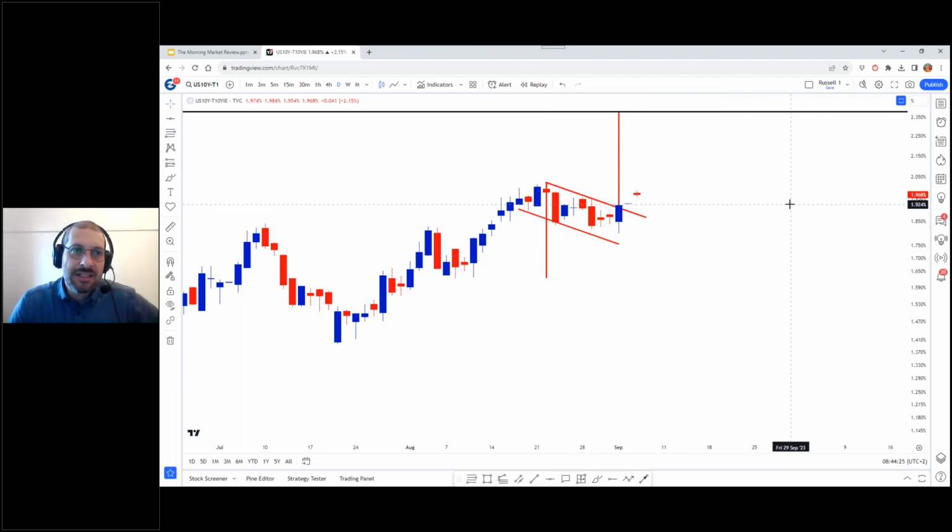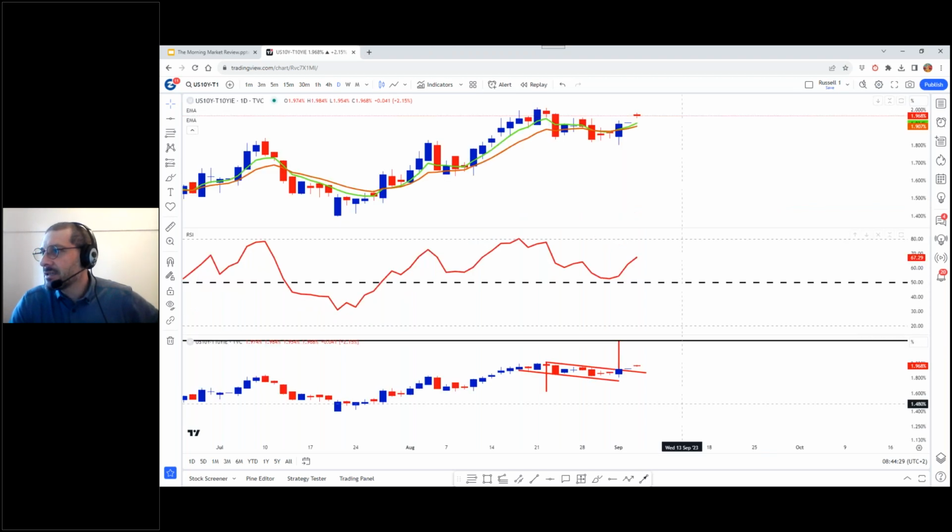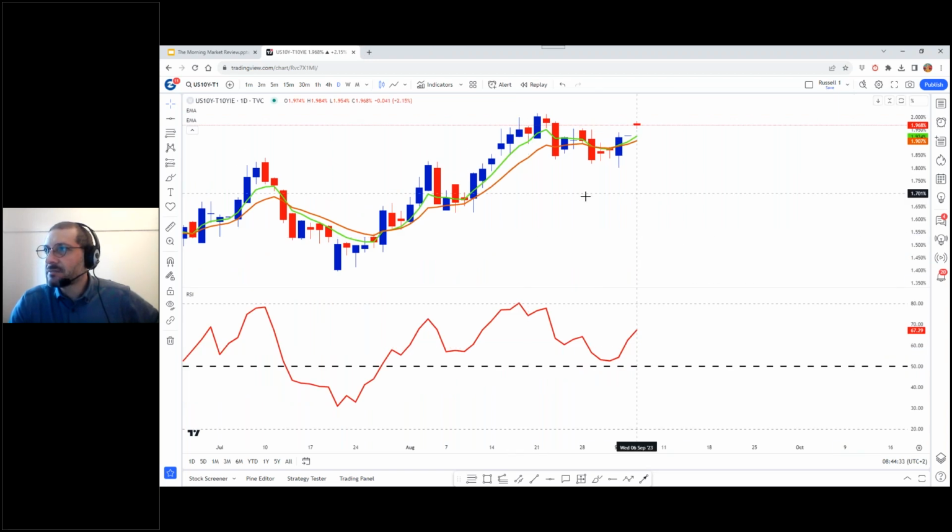Another way that we said we would monitor this is with indicators. So let's take a look at the exact same chart. Instead of using measured moves, we'll follow the trend following indicators, which we have here. We've got a 5-day, that's the green, and a 10-day, that's the orange, and the 5-day is above the 10-day, so there is a bullish cross there.